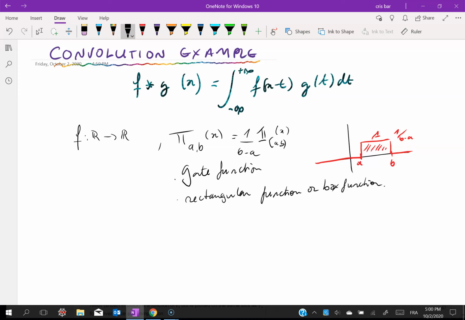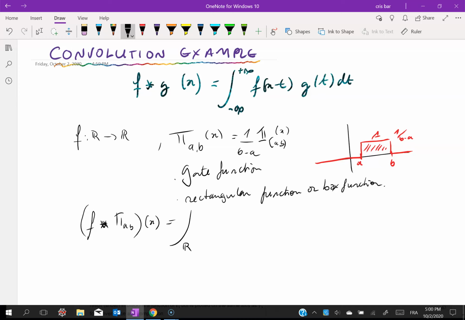Let's compute the convolution of those two things. f convolved, with a nice little star, with this gate function of [a,b]. That creates a new function. So what does it look like?